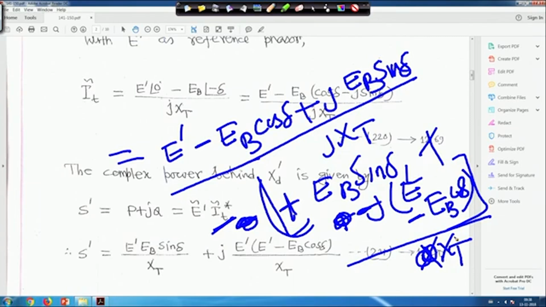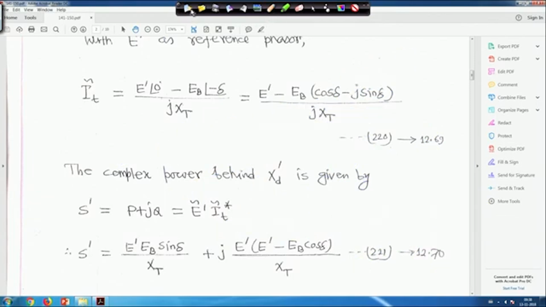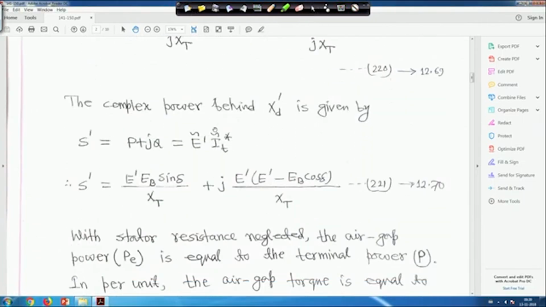If you do so, then your complex power P plus jQ is equal to E' tilde I_t conjugate.